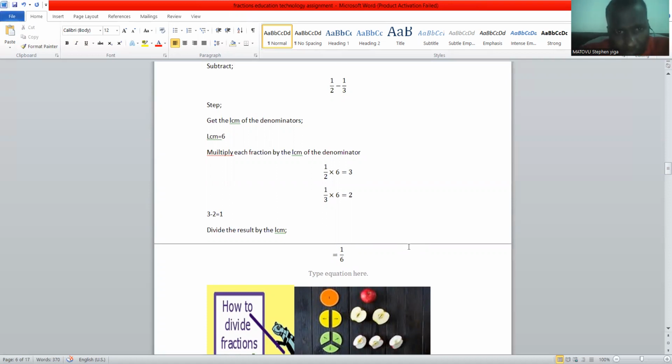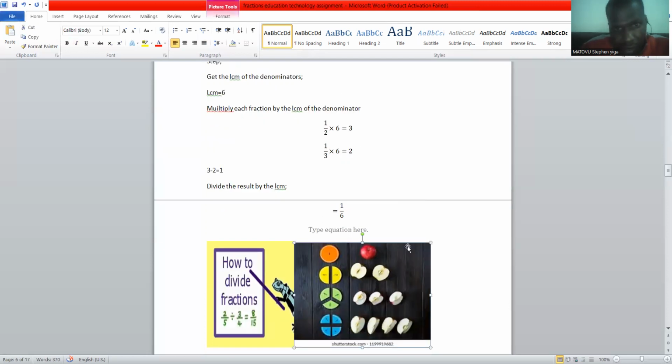Multiply each fraction by the LCM of the denominators. When you multiply 1/2 times 6, you will get 3. And when you multiply 1/3 times 6, you will get 2. Then subtract the results. The result will be 1. Divide the result by the LCM. Of course, the LCM is 6, so you'll get 1 out of 6. That is the answer.